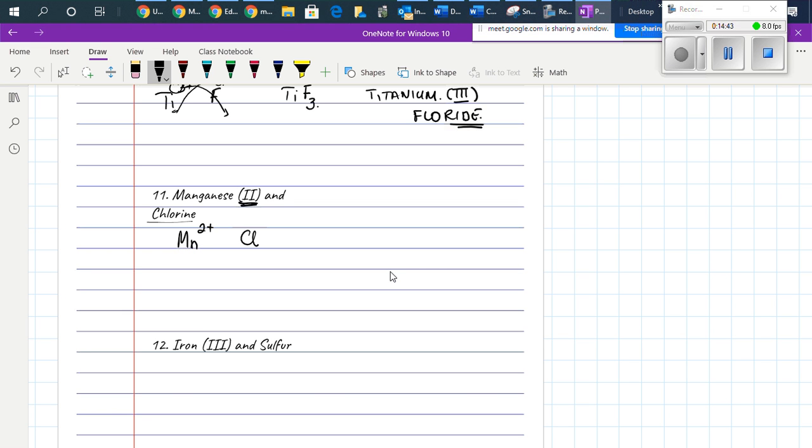That means that we'll need 1 more electron to complete it. So switching the places, this will turn into MnCl2. And the name for this will be manganese, you have to specify, manganese 2 chloride.